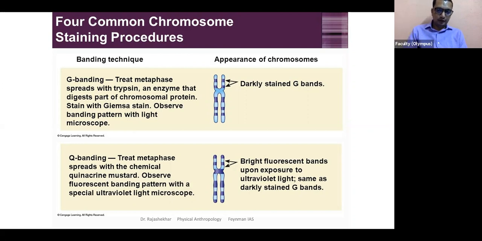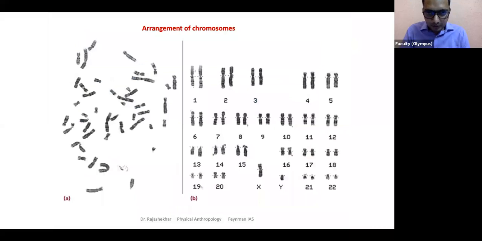You will see specific patterns of light, dark, light, dark here. In most of these images the tips are lighter and the center is darker. That is an average picture, but the pattern varies from chromosome to chromosome.